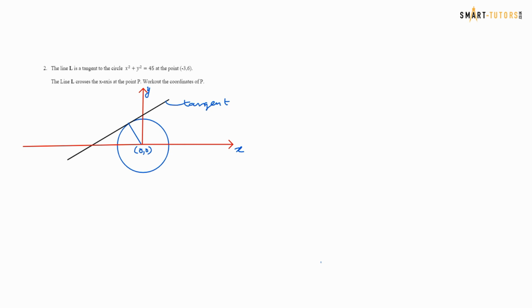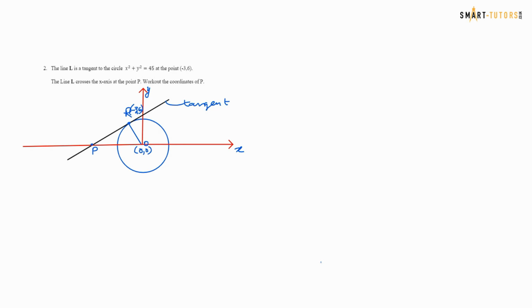The point P is the point I mark. The coordinate is minus 3 comma 6, and O is the origin, and this is R, and the intersection point at the x-axis is P, right?